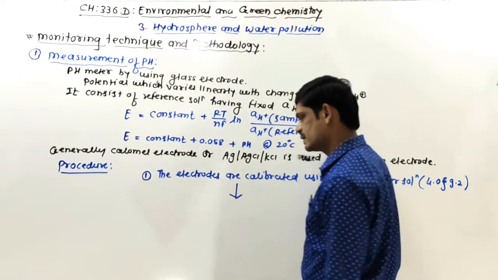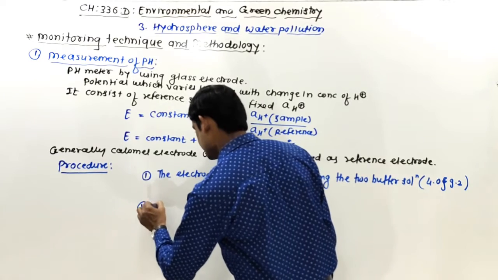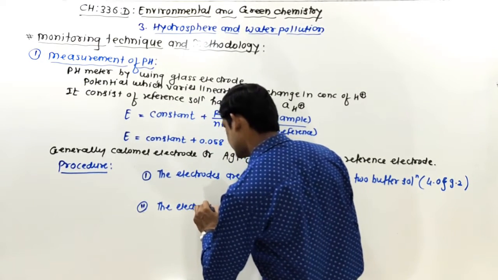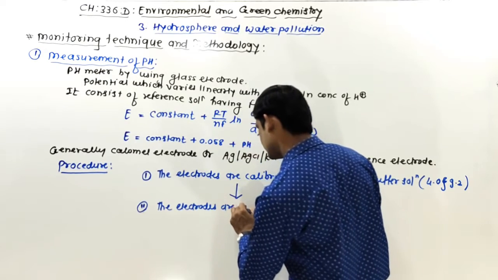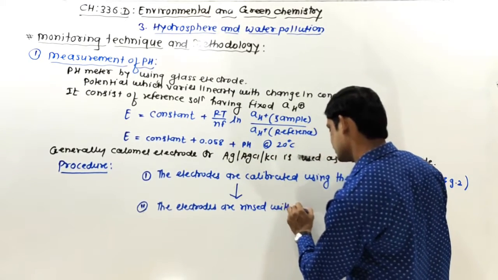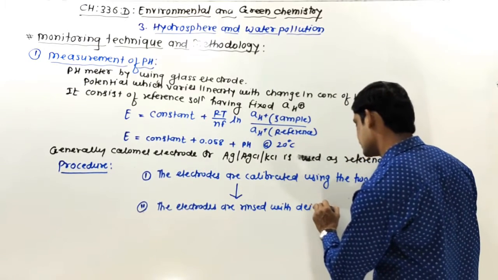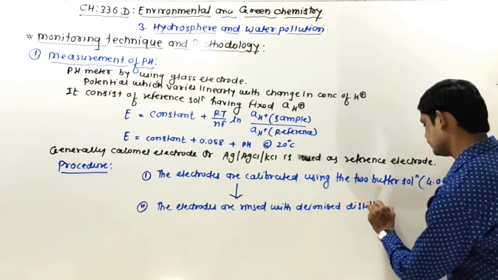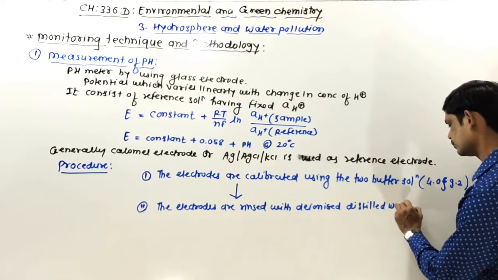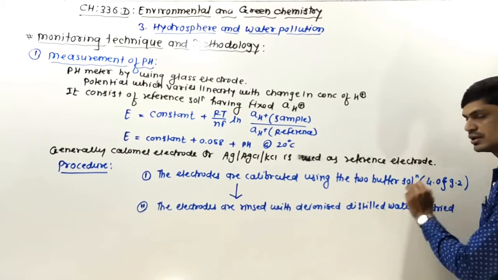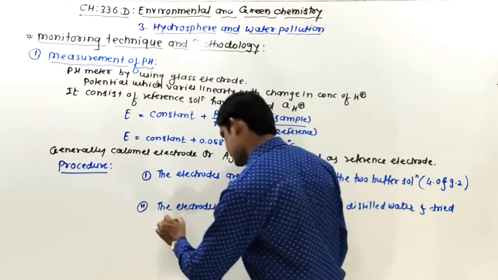After calibration, in the second step, the electrodes are rinsed with deionized distilled water and dried using a tissue paper.